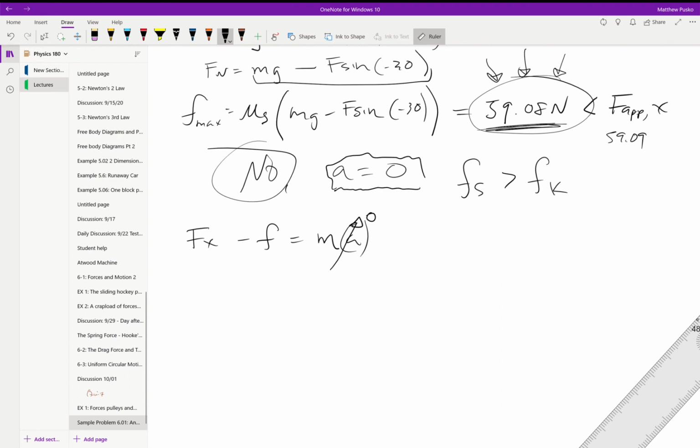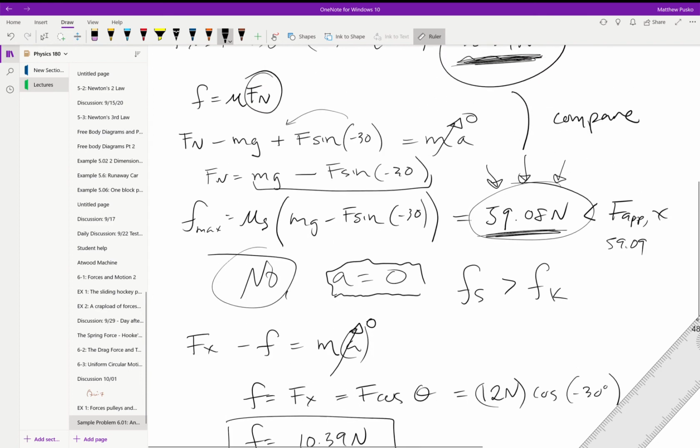So cross that out and we find out that the frictional force is equal to f of x, or f cosine theta, or 12 newtons times the cosine of negative 30 degrees. And so the frictional force ends up equaling that 10.39 newtons.